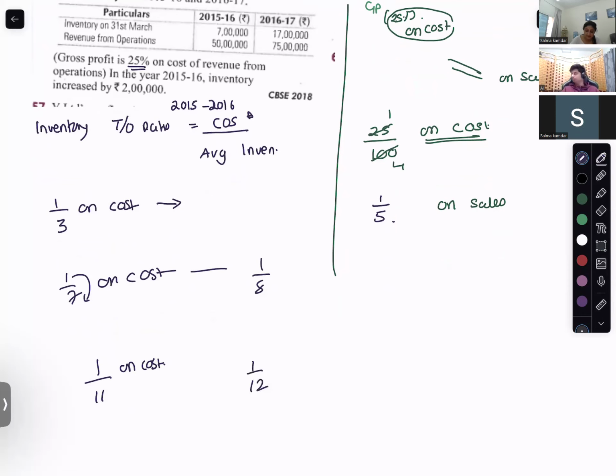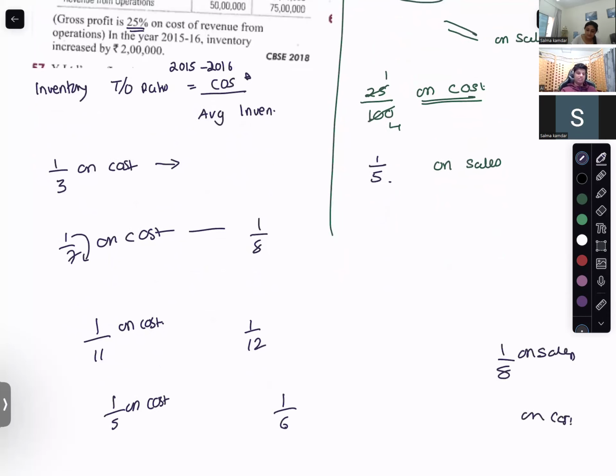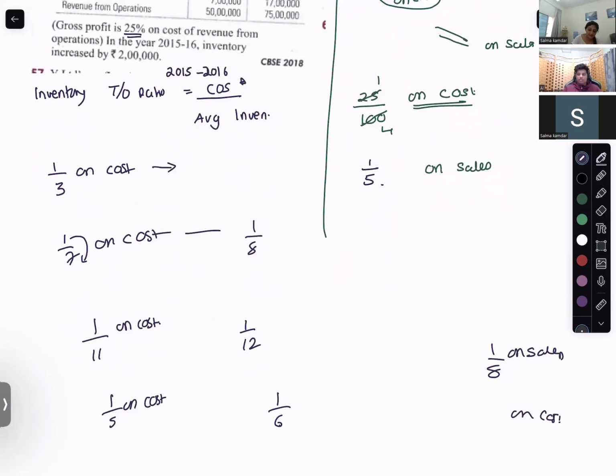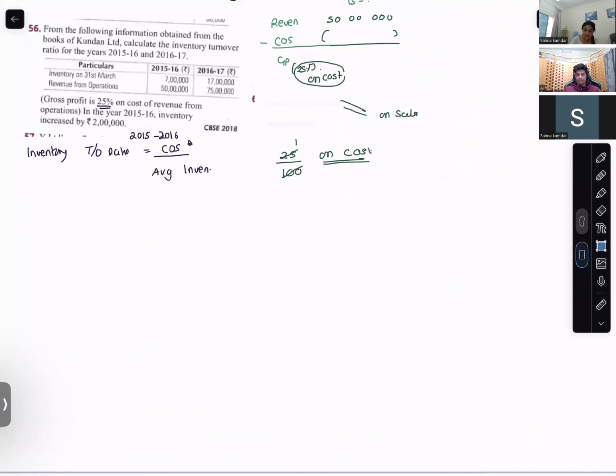Very good. 1/5 on cost will become 1/6. Very good. 1/8 on sales will become how much on cost? 1/7. Very good.